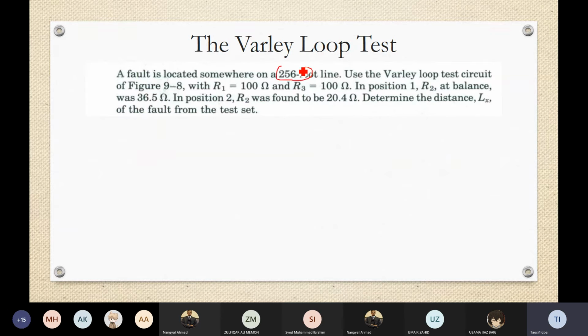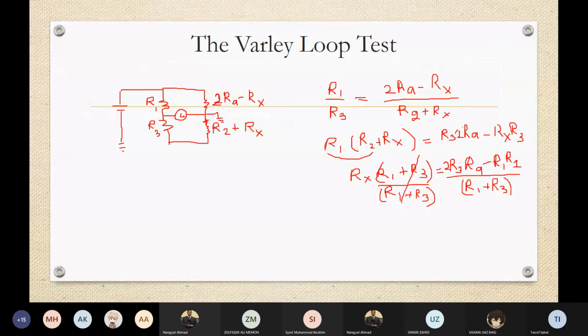Total length is 256. So total length is 256, and regarding this we have to find the value of RA, whereas the value of R2, because this R2 is variable.